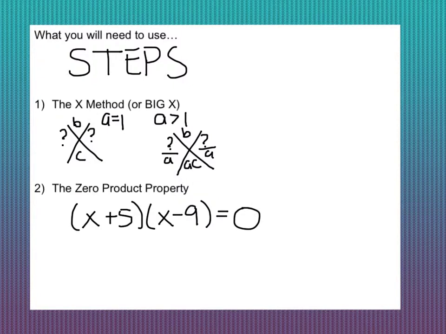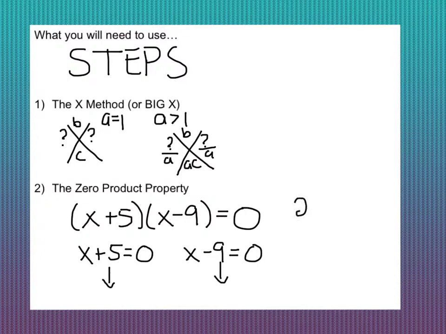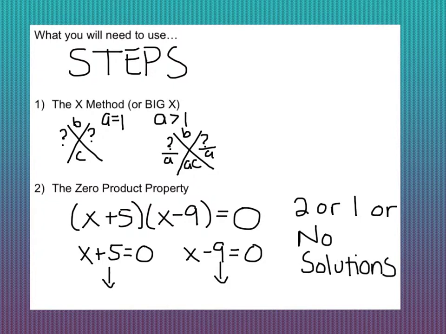Well, now you're going to use ZPP and you're going to take one equation and set that equal to 0. Take another equation and set that equal to 0. And then you're going to solve each equation to come up with your 2 or 1 or no solutions. Remember, you can have 3 possibilities. And on the next slide, we'll talk about your solutions for a parabola.